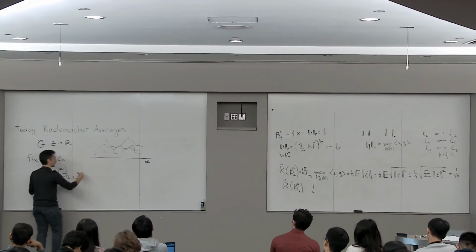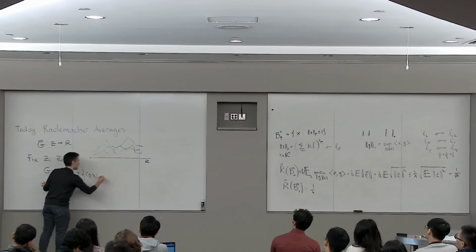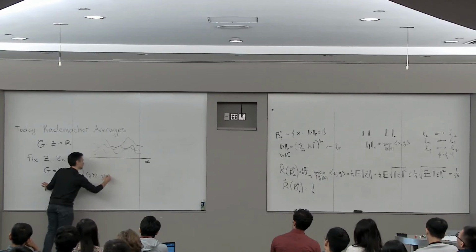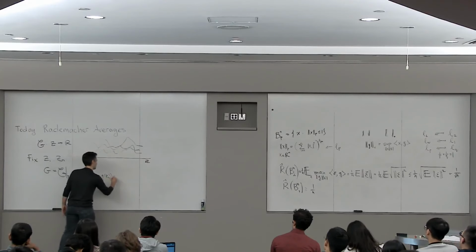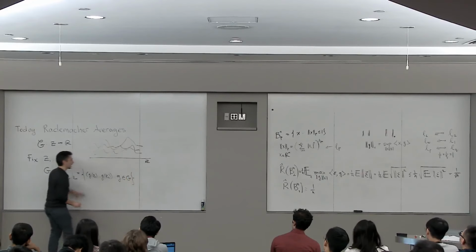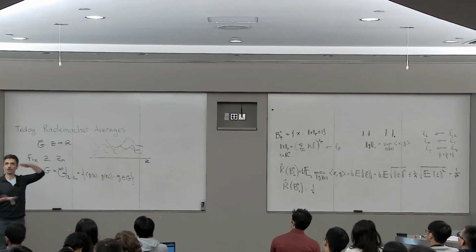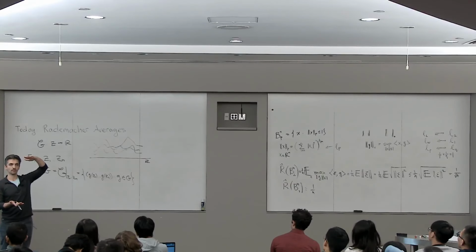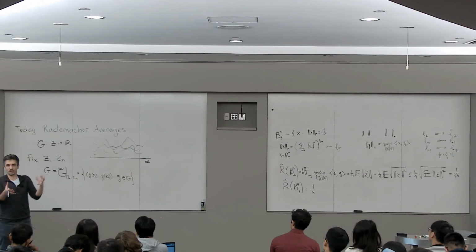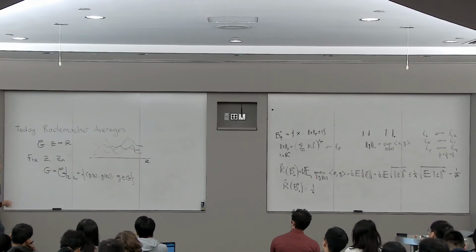So what is the definition? It's just the set of G of Z1 through Zn, as G varies over the set G. And to be consistent with the previous notation, let's say the functions in G are bounded between -1 and 1, because that's how you're going to get that subset of the hypercube.